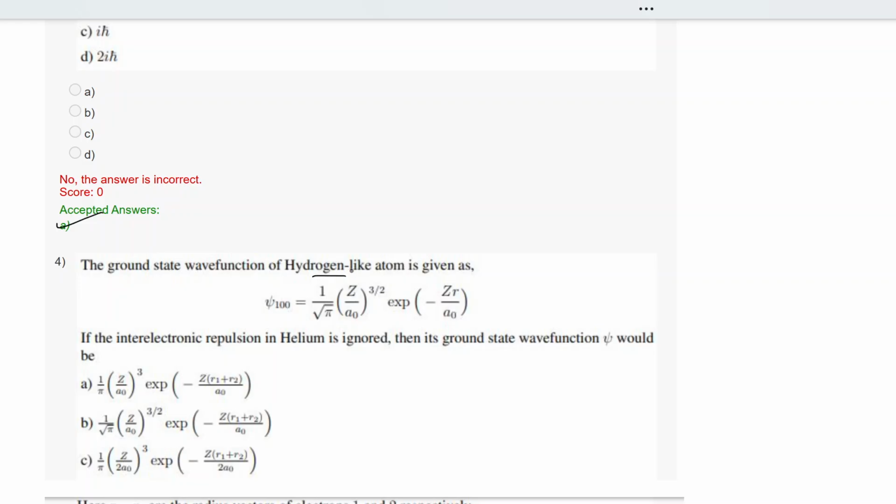So the single electron atom's wave function in ground state has a given form, and you have to find out what is the ground state wave function psi for a helium atom. Okay, and helium, you know that it is helium 2, that means it has Z equal to 2, or it has 2 electrons. So for 2 electrons, given the condition that the inter-electronic repulsion is ignored, what will be the ground state wave function for the helium-like atom?